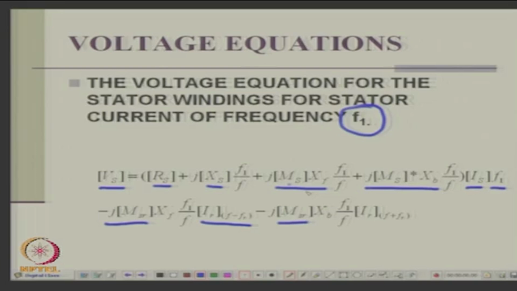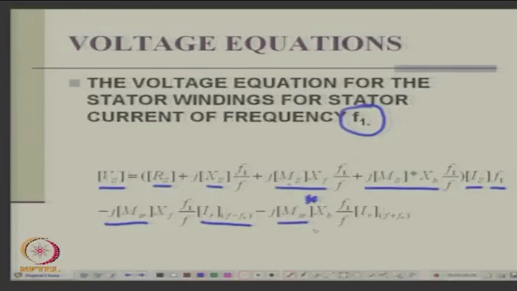This has to be MSR conjugate XB, F1 by F, into IR into F1 plus FR. So, you have MS here, MS conjugate here, MSR here, MSR conjugate here, whatever happens to forward and backward.